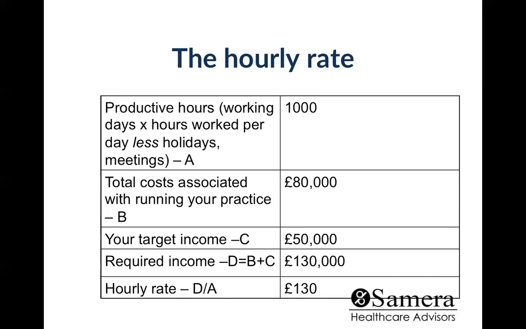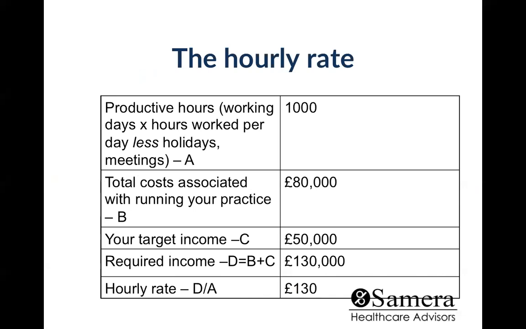Now, this is a very simplistic model, but let me just run through it with you. So we've got productive hours, by which I mean working days times hours worked per day, less holidays, and that's labelled A. In this example, in this practice, it is 1,000 hours. Then the total cost of running the practice is B, and that's £80k.